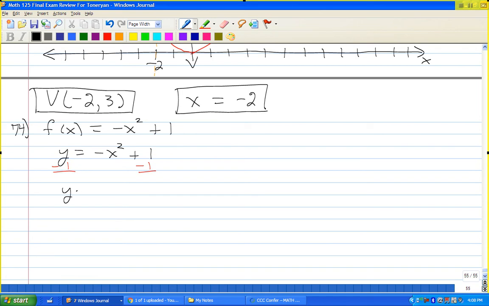So y minus 1 is equal to negative x squared. And so let's translate. This is just a translation of y equaling negative x squared, and you're just moving this up 1 unit.